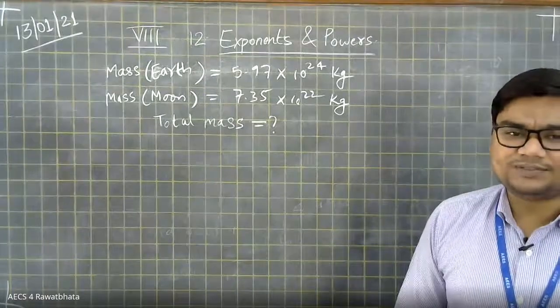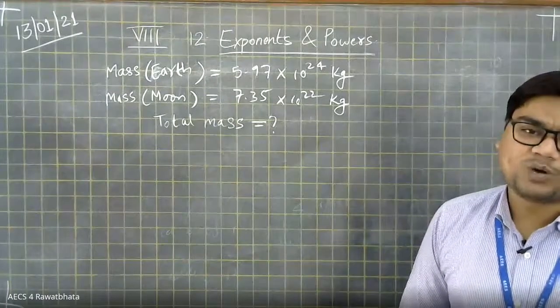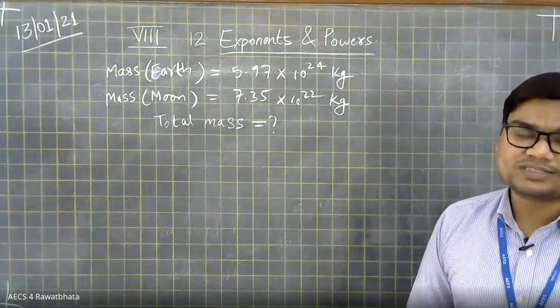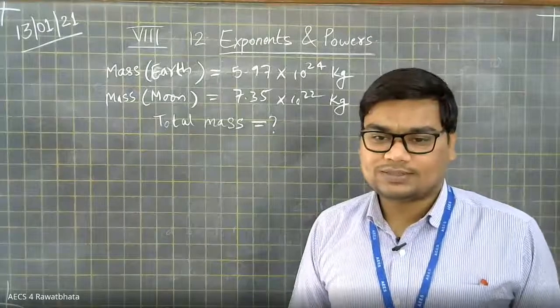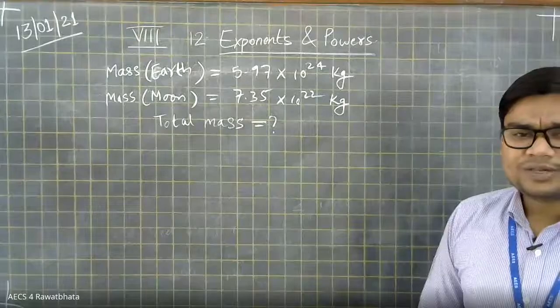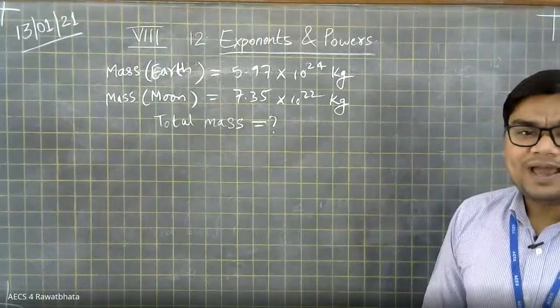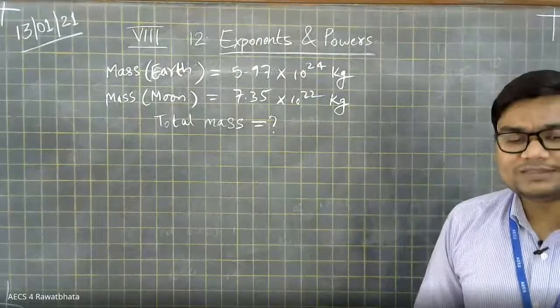Mass of Earth is 5.97 into 10 to the power 24 and mass of Moon is 7.35 into 10 to the power 22. We have to add the two masses. Come on, add the two masses and tell me the answer.